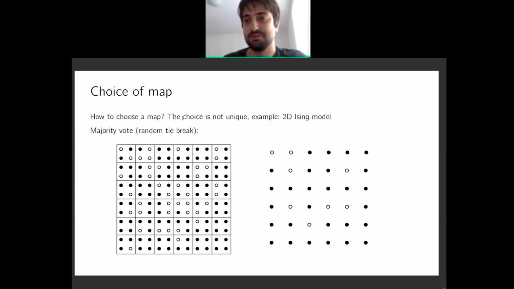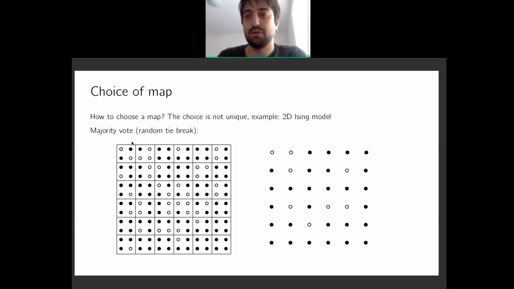For example, the famous majority vote. These are all very famous textbook examples, I'm sure you have all seen. If the majority of spins in my block are spin up, then I pick spin up in my renormalized system, and vice versa. And one could argue that here the philosophy is also respected, because we are, in a sense, summarizing what is going on in the block in a single spin.